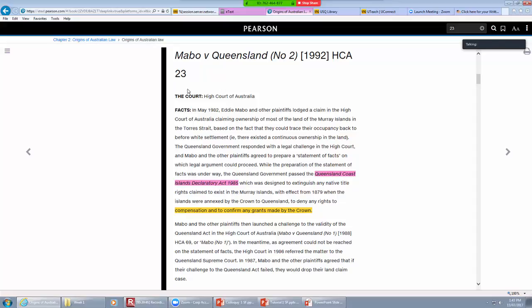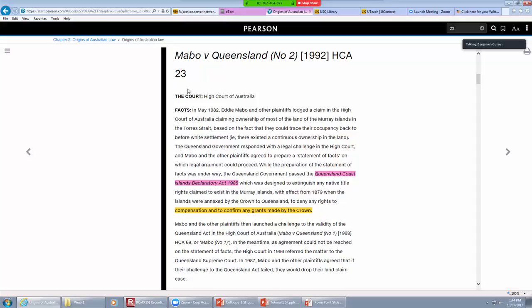Okay, so Mabo challenges the government of this state. The government passes in response this act. What does the act say? It says, even if you have ownership rights in this area, the Murray Islands, it has been extinguished.